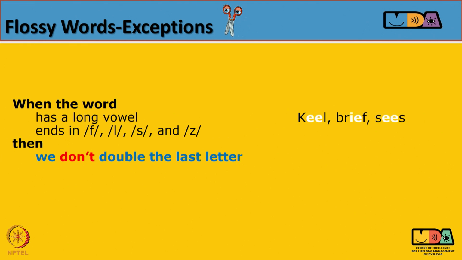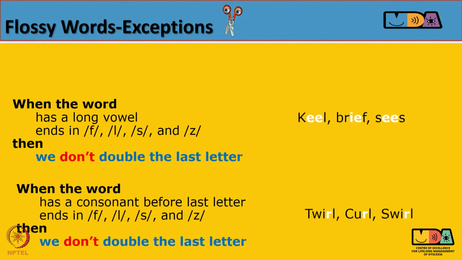Like for instance, in the word keel, brief, seize, they are all single syllable words, yes, long vowel sounds, E sound, and they all end in L, F and S, but we do not double the last letter.